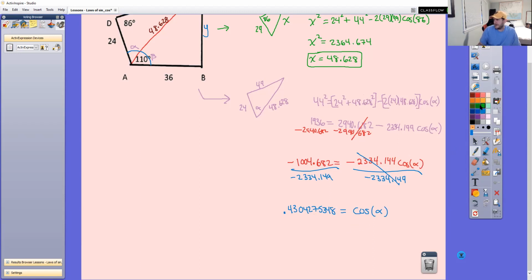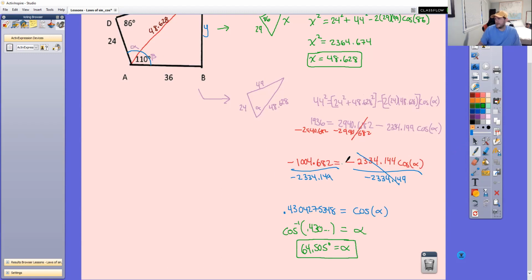But finally, to get your answer, you're going to do the inverse cosine of that 0.430 to get alpha. So second, inverse cosine of second answer, 64.505 degrees. But that's alpha, and I actually don't want alpha.